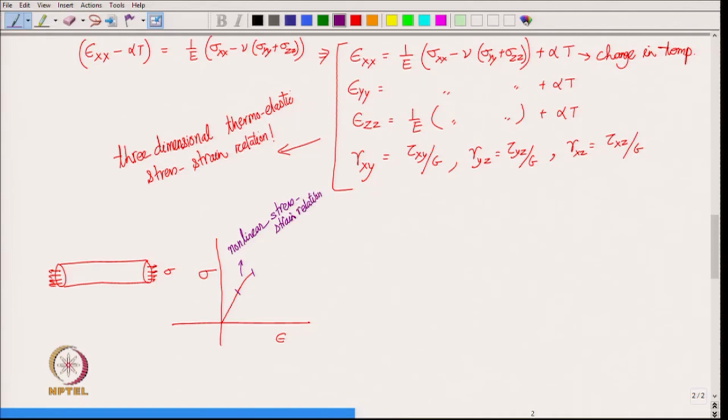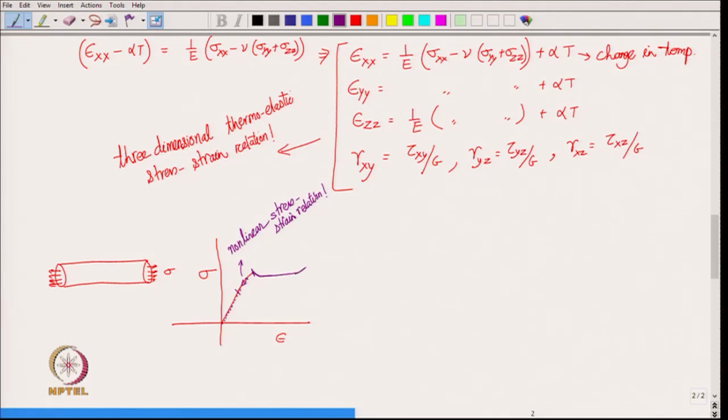But the body is still elastic, which means from any point over here, if you come back, it is simply going to trace the original curve. But then after this point, this is a point where the body yields. So, this is called the yield point, and beyond the yield point, if you further increase strain, there is no change in stress, it remains almost flat.